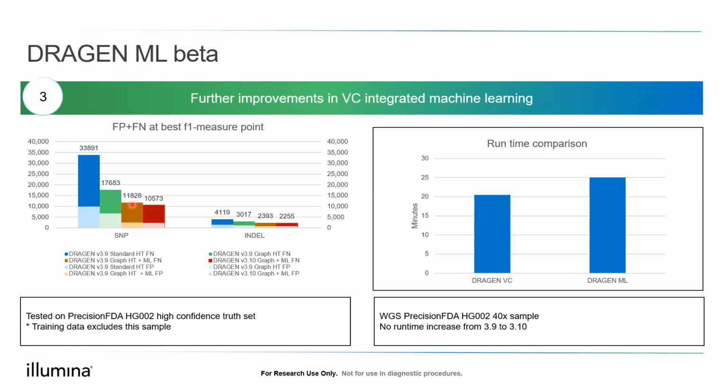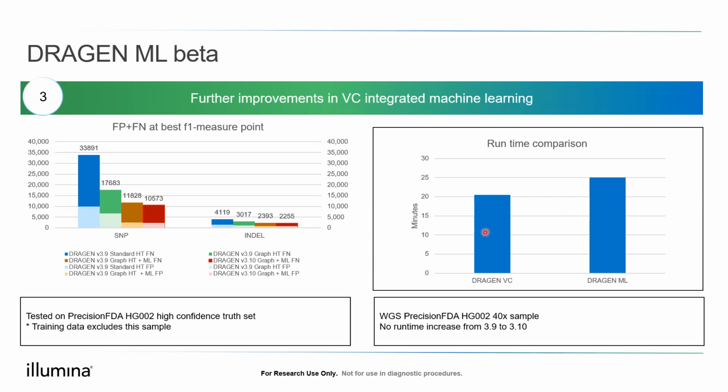You can see that there is an improvement from 3.9 to 3.10 in terms of SNPs. We are seeing a smaller improvement today in terms of indels. But overall, you can see that the trend is going down in the right direction as we are enabling additional graph capabilities, improving our machine learning models, and also addressing parts of the VCFs that were missed or not done as part of 3.9.